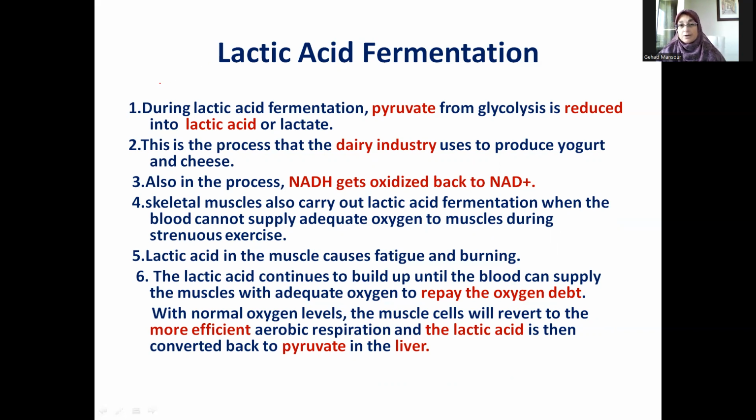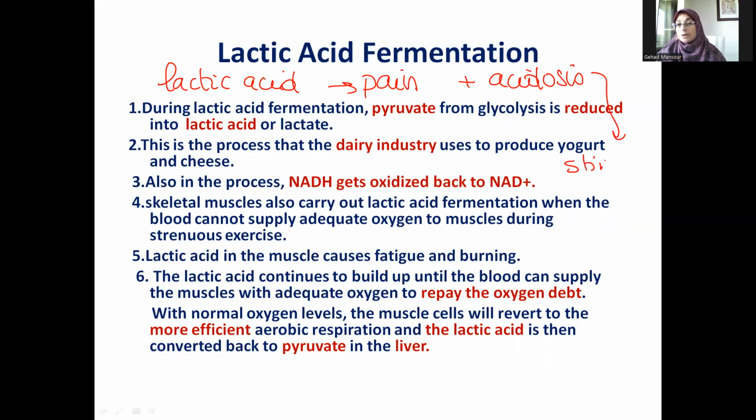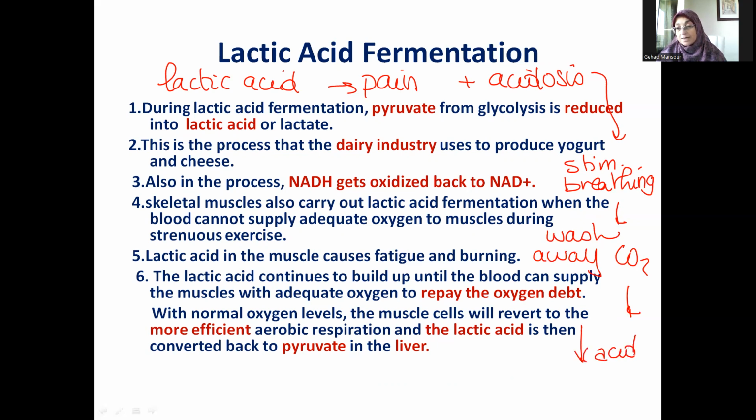This lactic acid not only causes pain, but because it causes a kind of acidosis, or acidic pH of the blood, it will stimulate the respiratory system. It stimulates breathing, and when you stimulate breathing, you wash away carbon dioxide, and when you wash away carbon dioxide, you diminish acidosis, and you raise the pH of the blood to normal again. And this is what we call the oxygen debt.